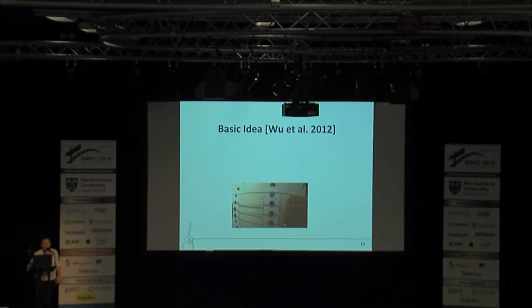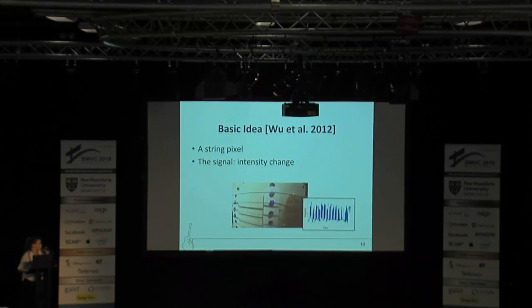So what's the basic idea here? A basic idea as presented by Wu et al. in 2012 is to look at a specific spatial location, a pixel that is close to the string. We take the signal of change in intensities in this specific pixel, and we treat it as a time series.